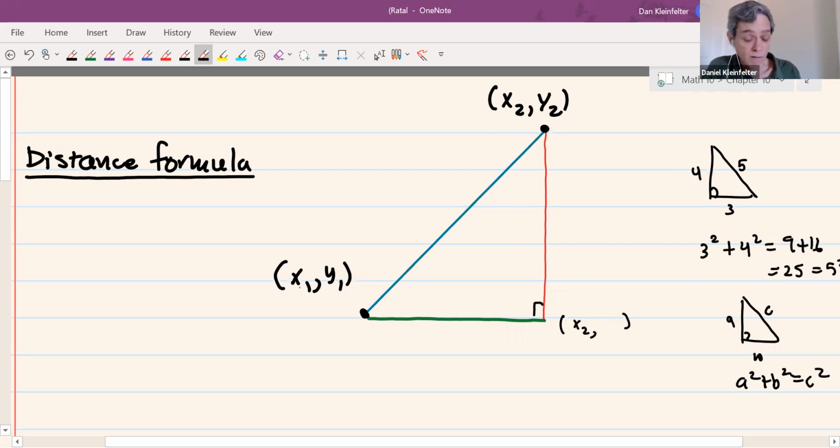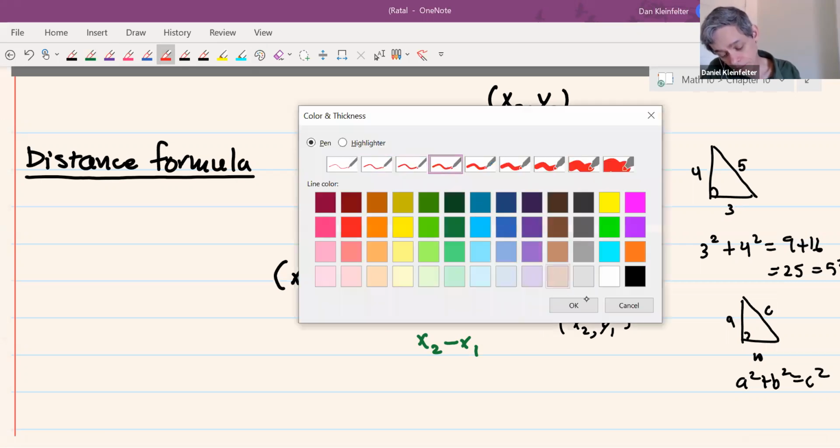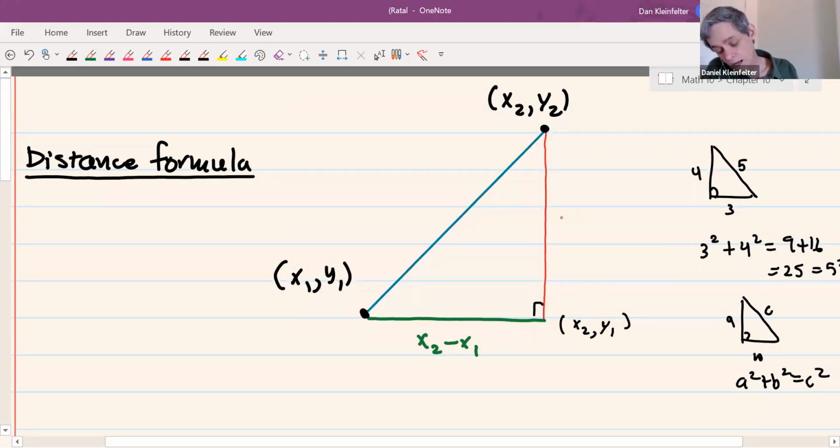The y-coordinate will have to be the same as the point to the left, so that will be y1. From here we can figure out the length of the green line. That will be x2 minus x1. And for the red one, that will be the difference of the y's, y2 minus y1.